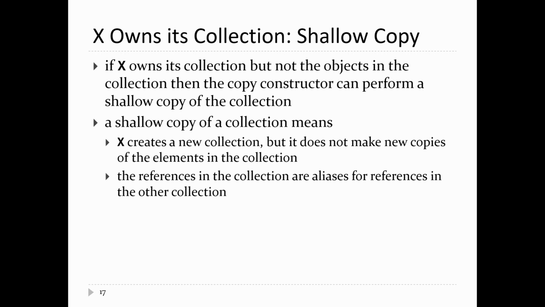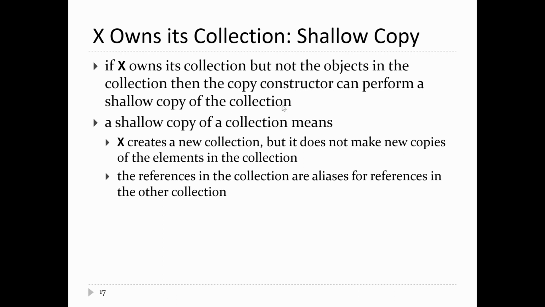Okay, so if you decide that maybe this isn't what you want to do, maybe when I clear P2's triangles, I shouldn't clear P1's too. Maybe I really want to own the collection, so each model should own its own collection. If X owns its collection, but it does not own the objects in the collection, then your copy constructor can perform what's called a shallow copy of the collection.